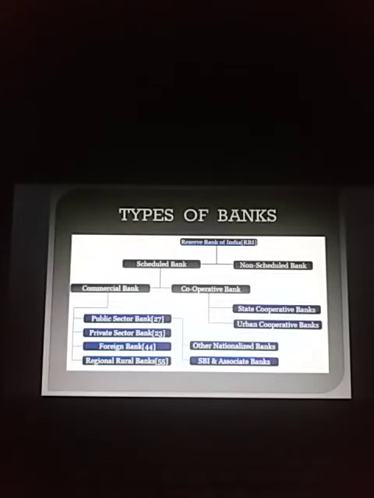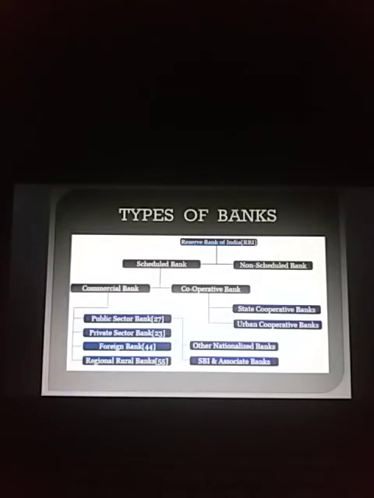Scheduled banks are those whose names have been listed under the second schedule of the RBI Act of 1934 and whose paid up capital is more than 25 lakhs. Non-scheduled banks are those whose names have not been listed under the second schedule of the RBI Act, and whose paid up capital is less than 25 lakhs.